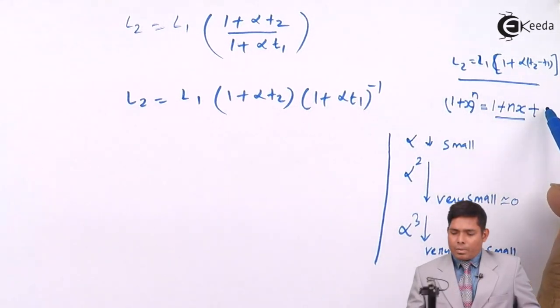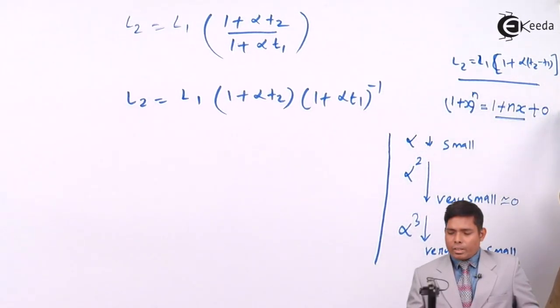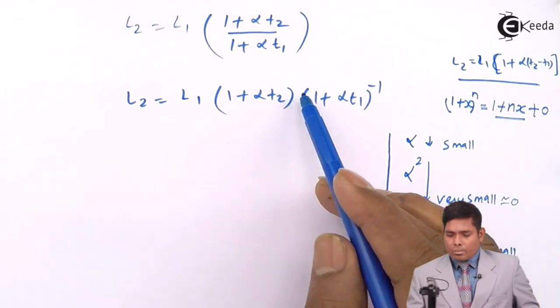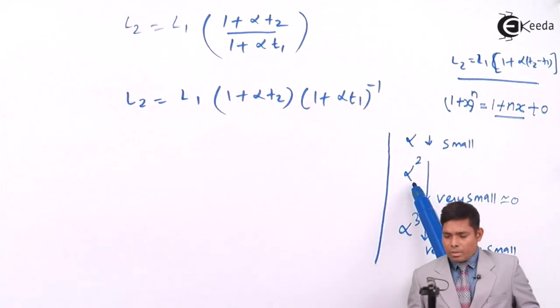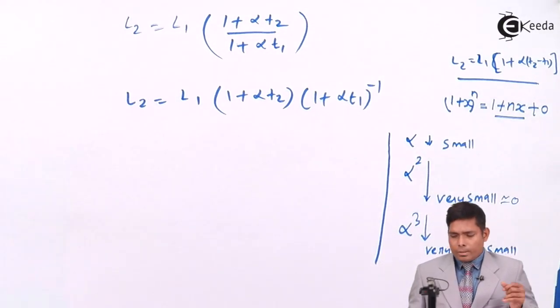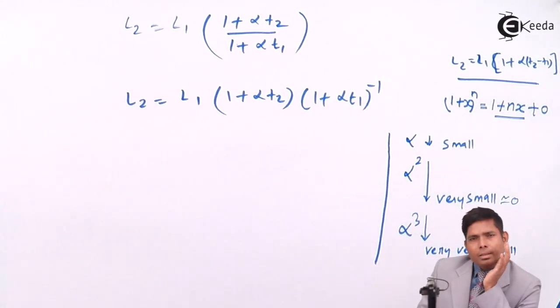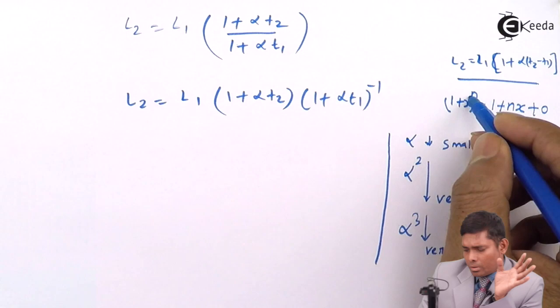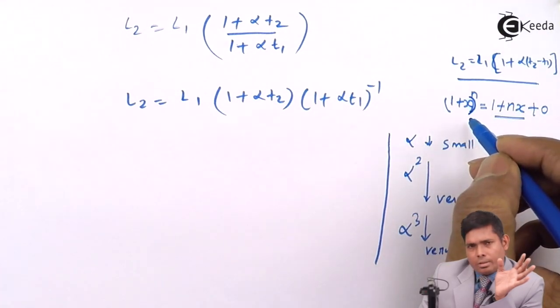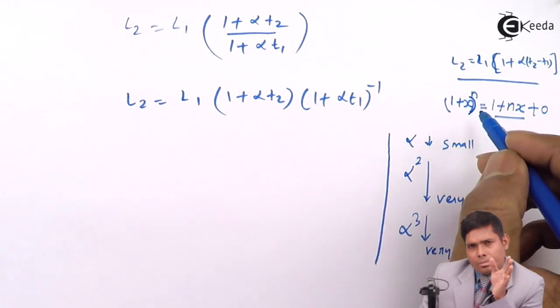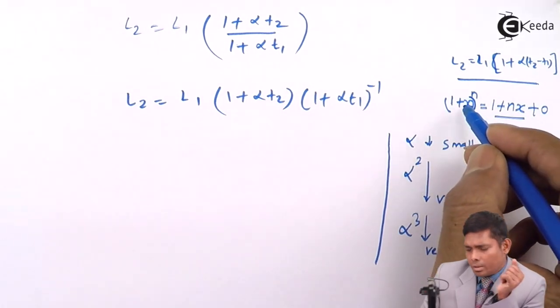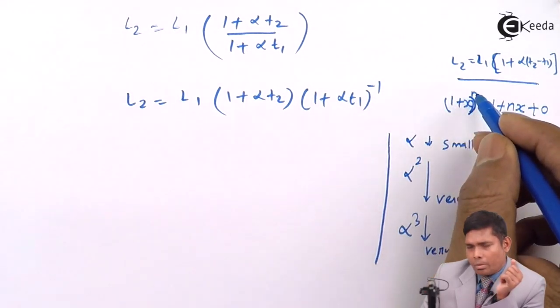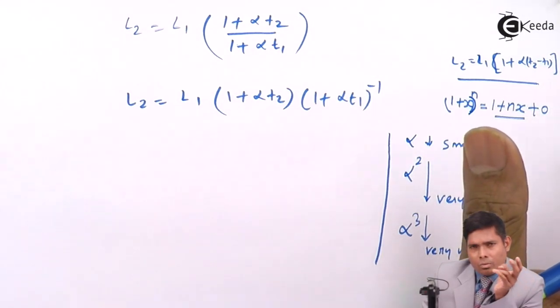Because the higher powers are 0, we will have x square terms, but this term squared, alpha square, will become 0. So, using the binomial theorem for small index: if x is very, very small, that means much less than 1, then for (1 plus x) to the power n you don't have to expand, you only write 2 terms, and that is sufficient.